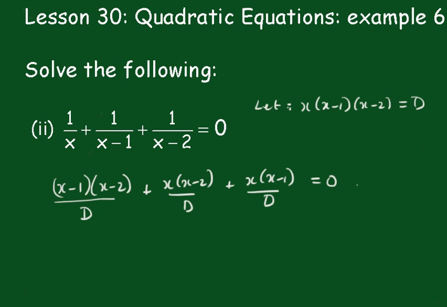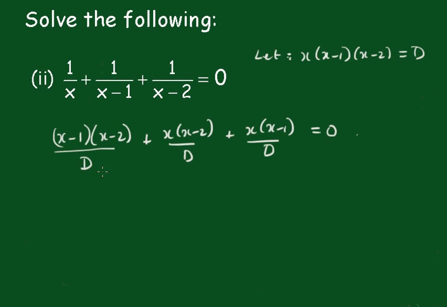Okay, now because it's all over d, we can multiply both sides by d, and that goes out, and then we can remove the brackets. So this becomes x squared minus 3x plus 2 plus x squared minus 2x plus x squared minus x equals 0.